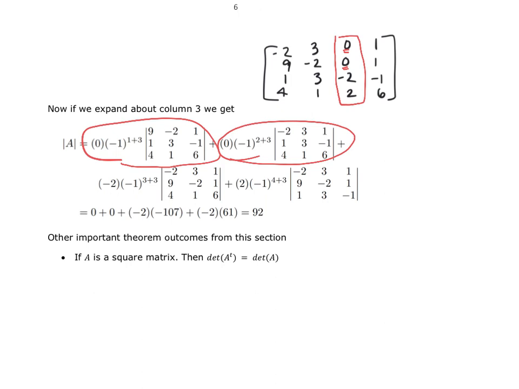And then you'll still have whatever's left over. This -2 is this -2, row 3, column 3. And then of course the last one would be row 4, column 3, that 2, and that 2, and the matrix that is left over. We still get the same answer, but look, our work has been cut in half.